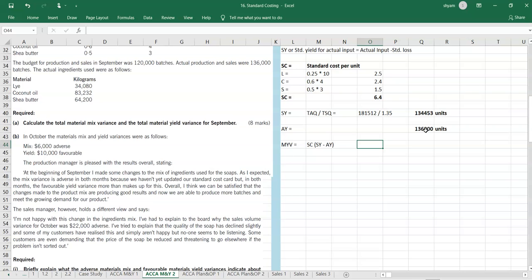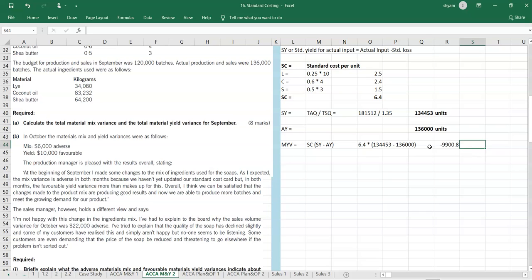The formula is, okay, so we got 9,900, and we got a negative symbol.